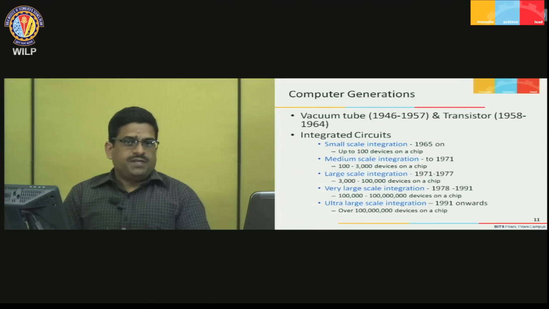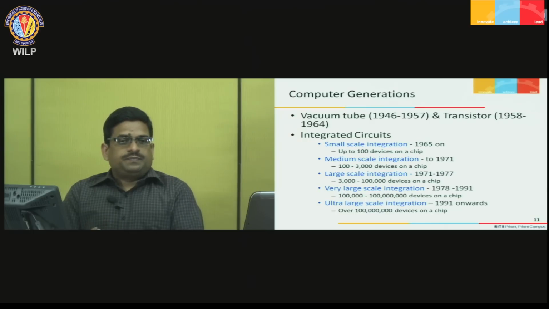Earlier, before integrated circuit technology, all these circuits were on different chips. Maybe my arithmetic and logic unit was constituted with the help of multiple chips, not a single chip, because at that time vacuum tubes were there.